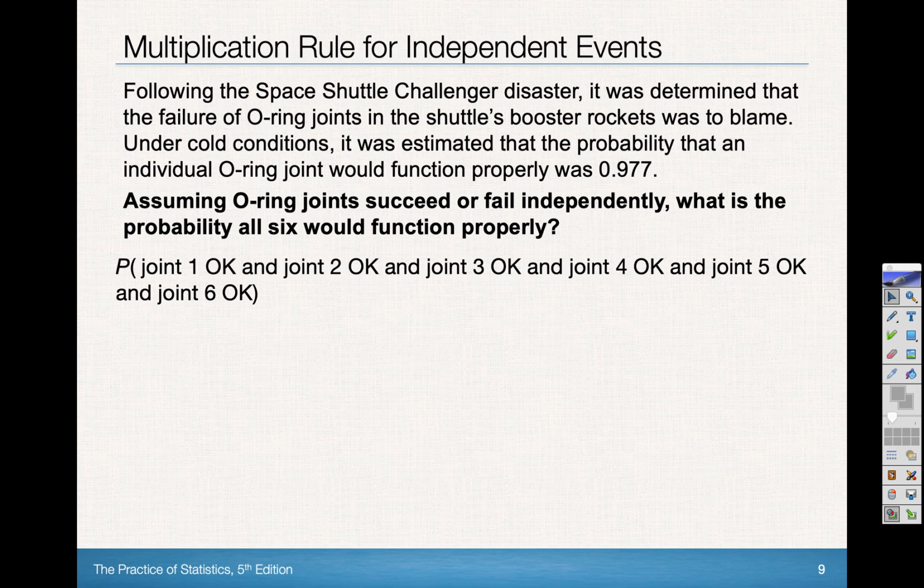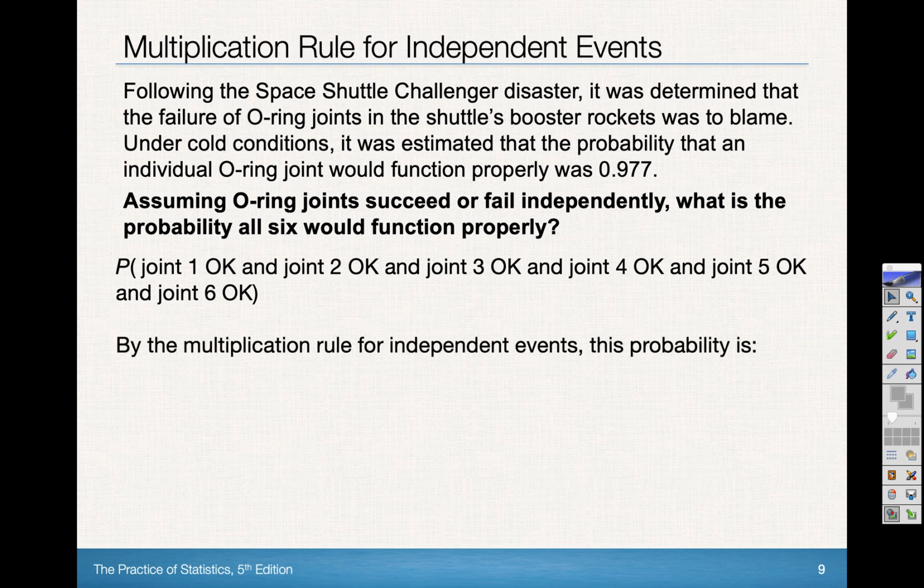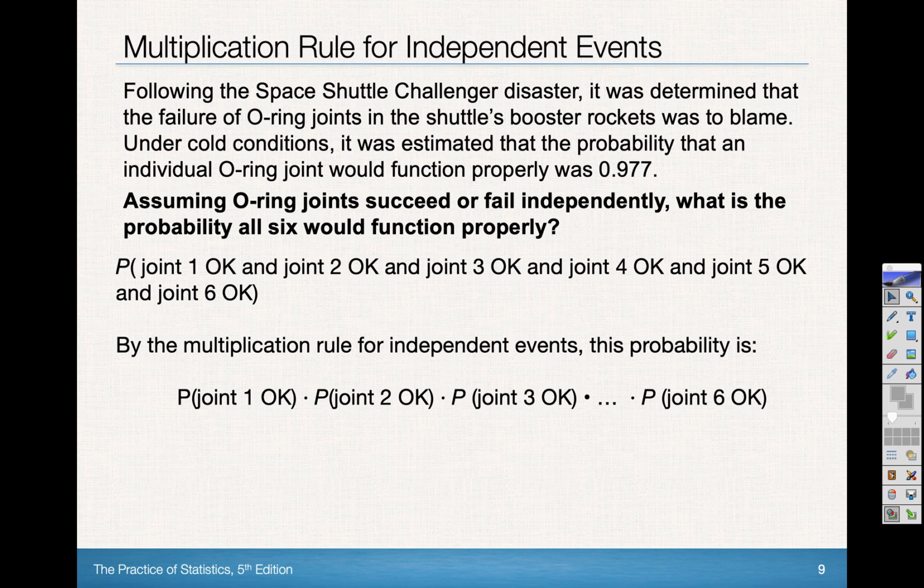You need 6 successes. So while 97.7% seems high for one individual O-ring joint, which is probably what they were thinking about, the probability that they all succeed is not as high as you would think. So the probability that they are all succeeding would be 0.977 times 0.977 times 0.977 and so forth, which means that the probability that this space shuttle was going to successfully take off was only 87%.